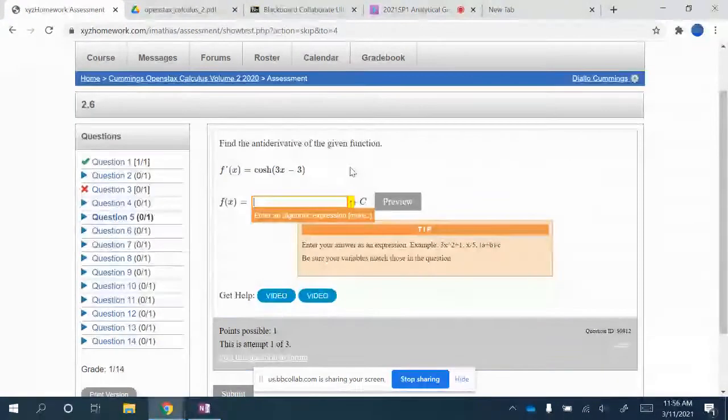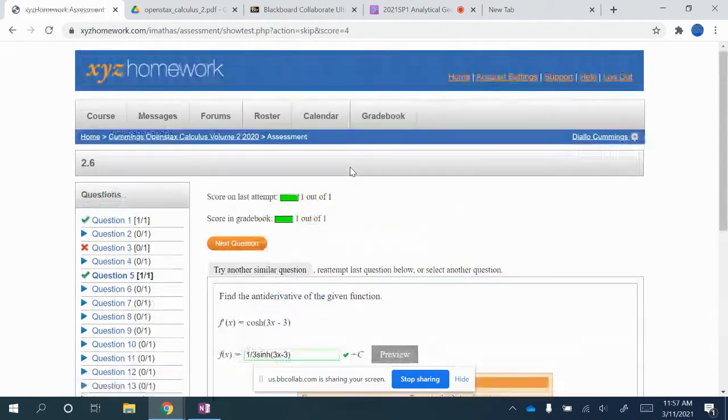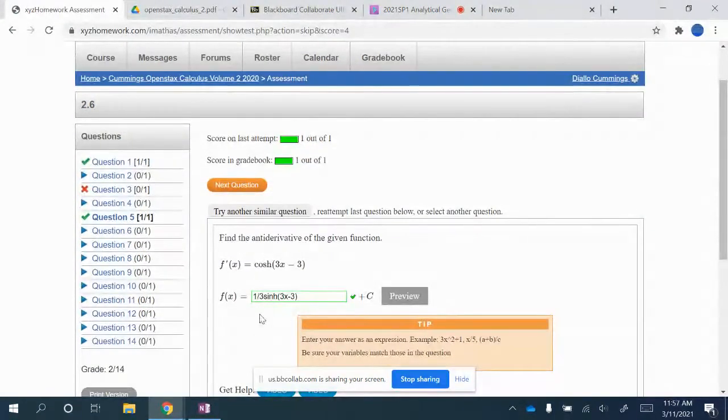So this is 1/3 hyperbolic sine of 3x minus 3 plus c. And well, they already gave us the plus c. All right.